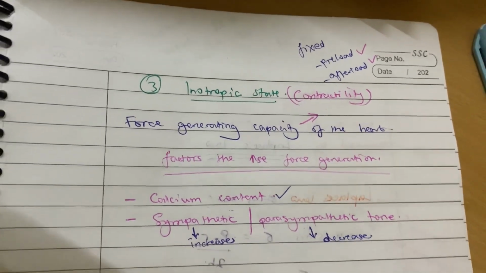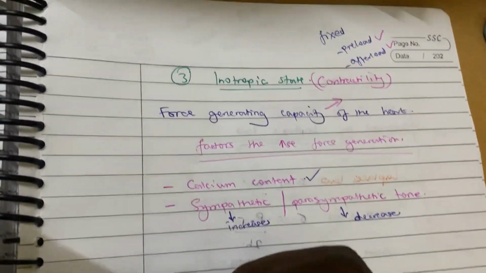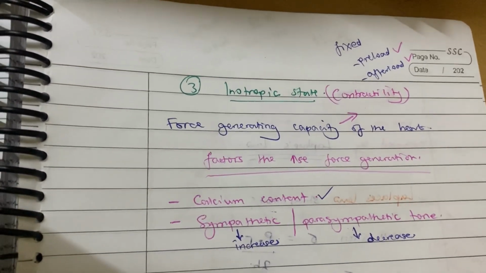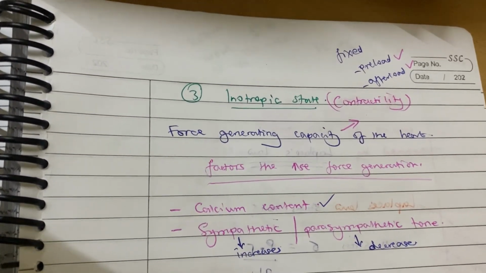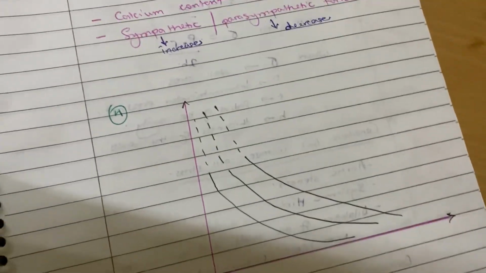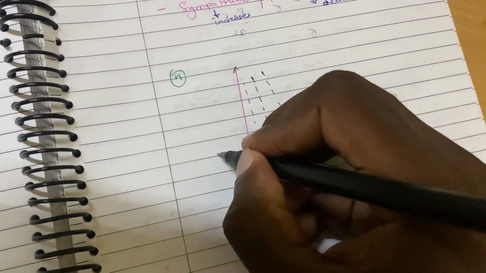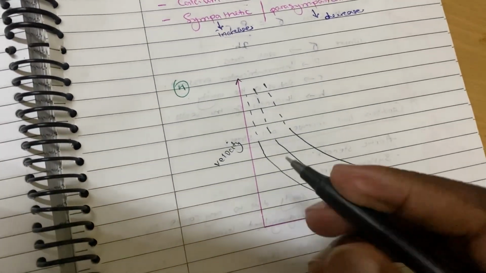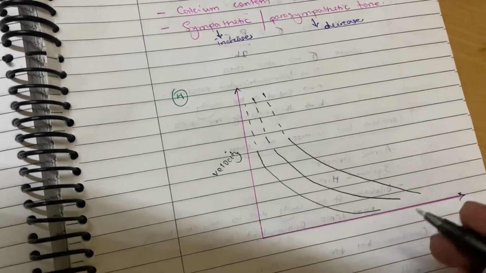Now the fourth one is doing very fast. Fourth one, okay, we may have a simple graph. Again, for contractility we have velocity. Remember what I said in the first graph, the velocity of contraction.